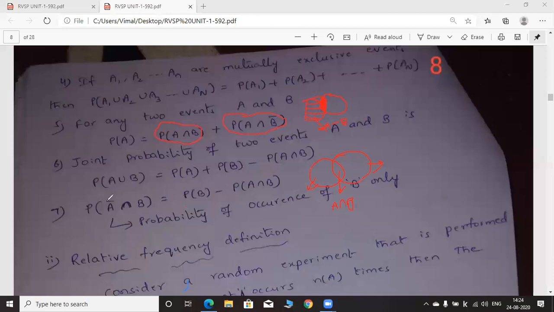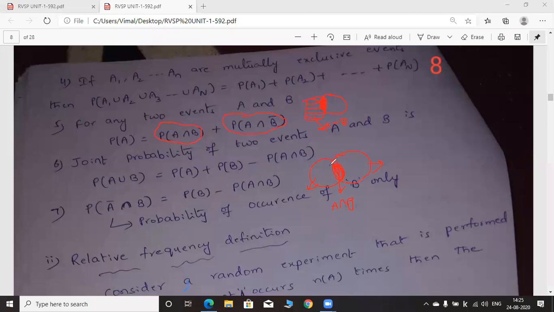So it should contain B only. Here B means the second circle. From the entire second circle, you have to subtract one portion. What is that portion? The common portion. This common portion you have to remove from B.